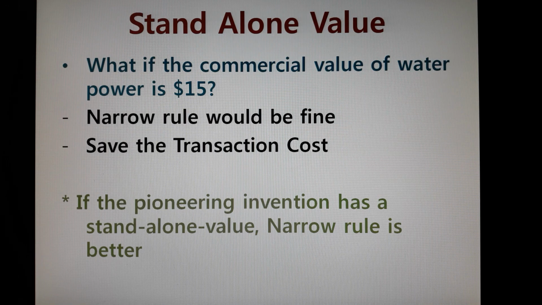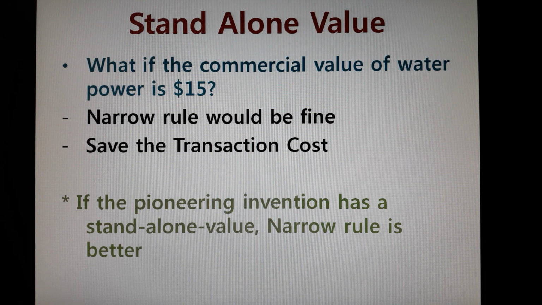So, what's the difference between the previous case and this case? In the previous case, the physics professor Kate's invention, water power theory, has no value. Here, the water power theory has a $15 value, which is bigger than the R&D cost of $10.